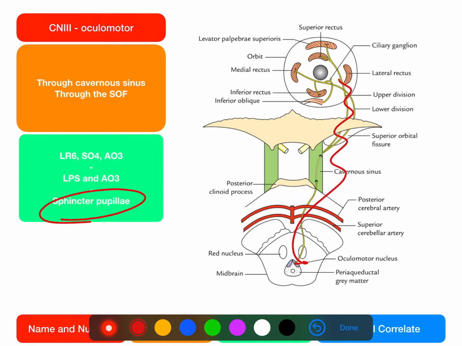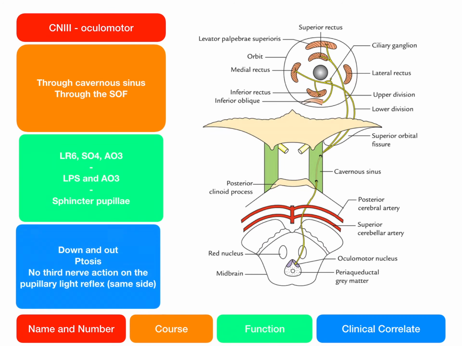Because cranial nerve 2 is like, whoa, you're staring at the sun, close the pupil so he doesn't burn his retina off. So that's sphincter pupillae. Obviously, this is very truncated. I could give an hour-long lecture for each cranial nerve, but we can't.